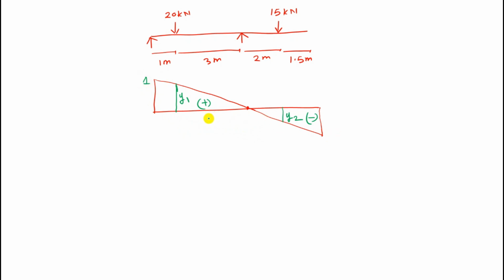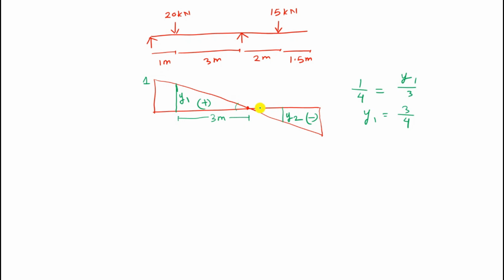Now this distance is 3 meter, and the span distance is total 4 meters. So 1 by 4 equals y1 by 3. So y1 equals 3 by 4. And you have to calculate y2.